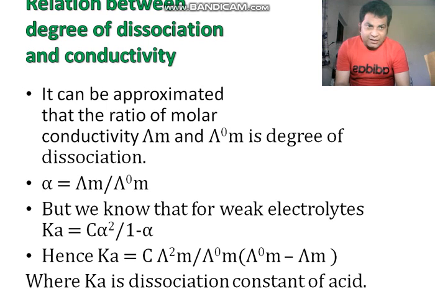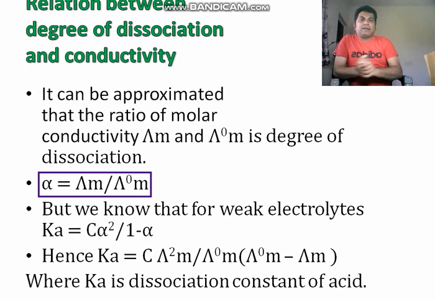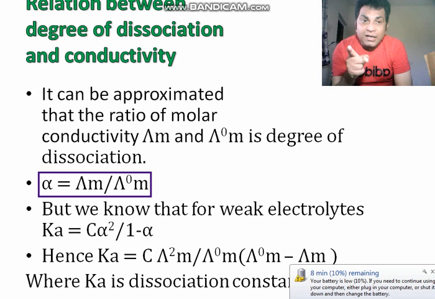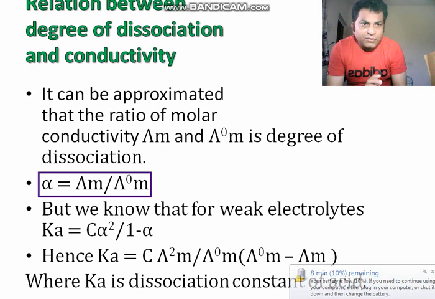So the formula becomes alpha is equal to lambda m upon lambda degree m. Remember this, lambda m upon lambda degree m, that you have to remember. Okay, you understand? So hope that you understand.